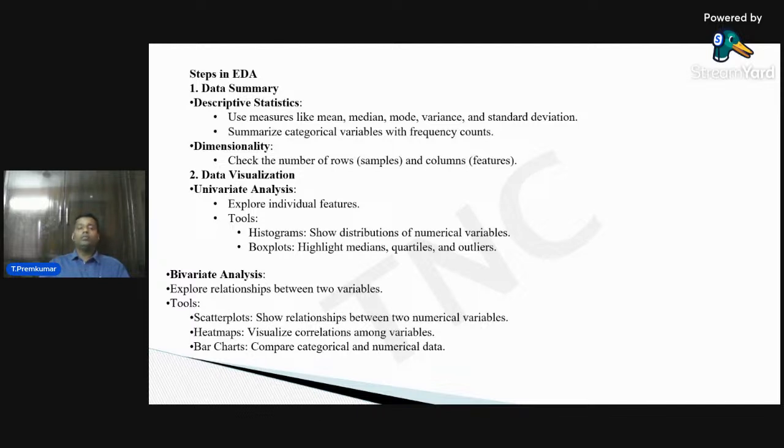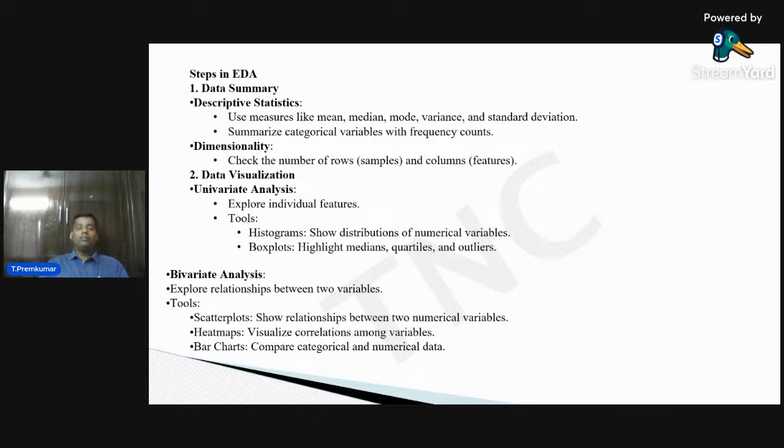The next step is data visualization. It covers univariate analysis, which explores individual features. The tools involved are histograms, which show the distribution of numerical variables, and box plots, which highlight medians, quartiles, as well as outliers.